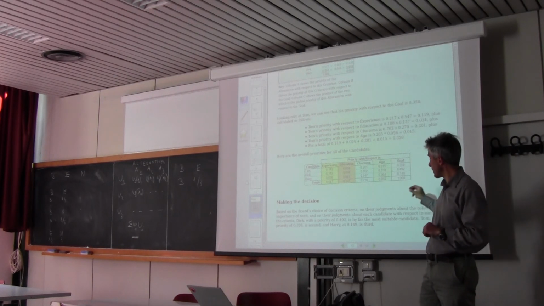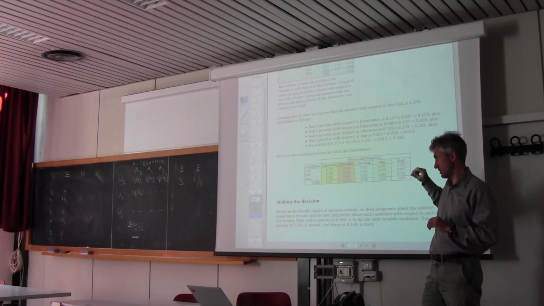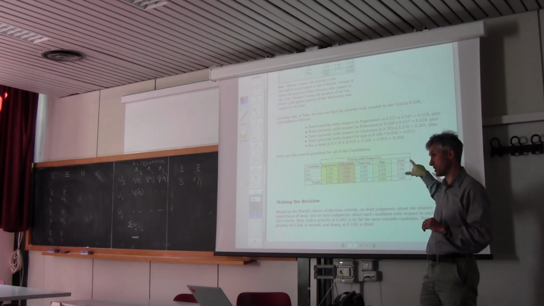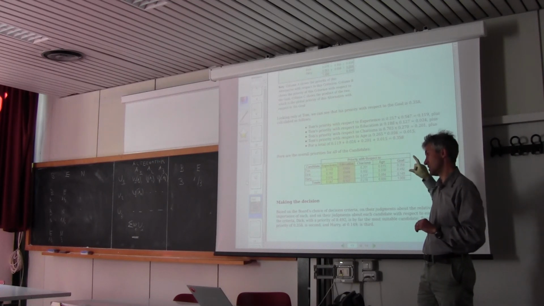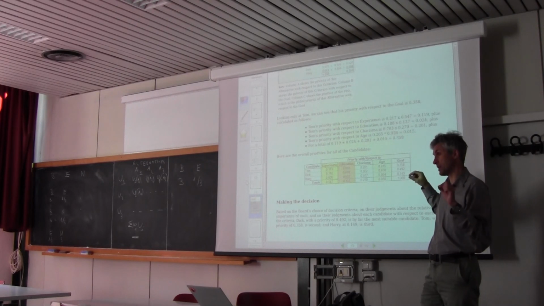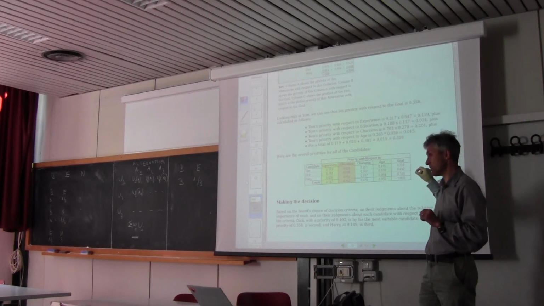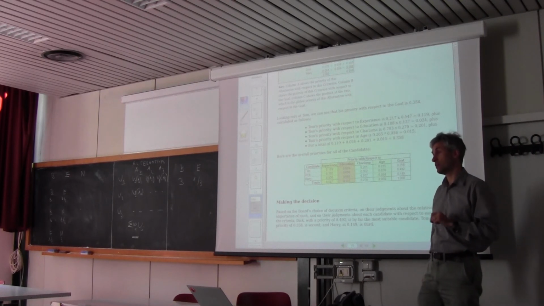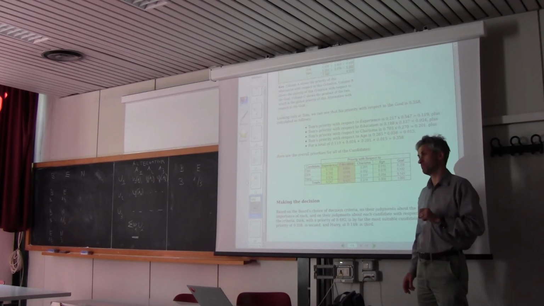So I think this clarifies how to compute the weights in a multi-criteria problem by using pairwise comparison, and also it clarifies how, in some cases, and especially when you have a finite number of alternatives, you can use pairwise comparison to assign utilities to each alternative with respect to each criterion.